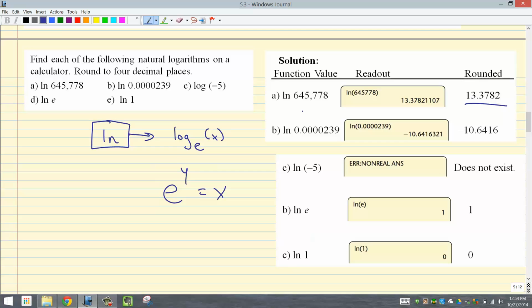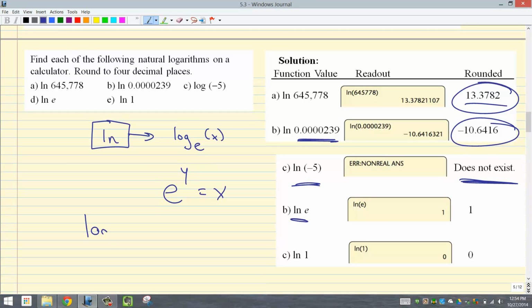Basically, the logs of big numbers are positive numbers, and the logs of very teeny tiny small numbers are negative. The logs of negative numbers do not exist. And how about this? That is log base e of e, which means e to what power equals e?